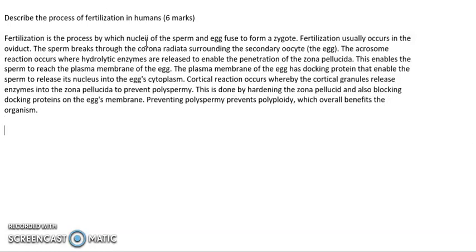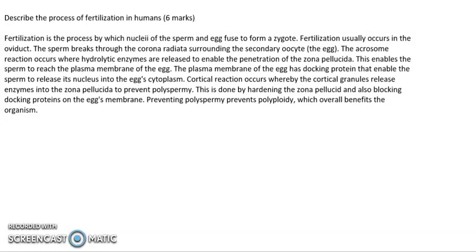Now I think that this is probably enough for the 6 mark question, because we've gone from the fertilization part to the actual cortical reaction, and this breaking through the layers to the cortical reaction should be enough for 6 marks.